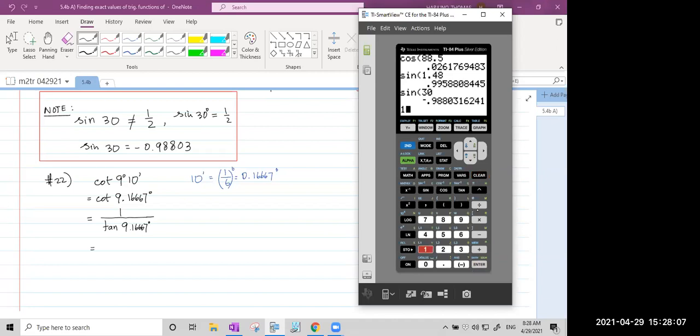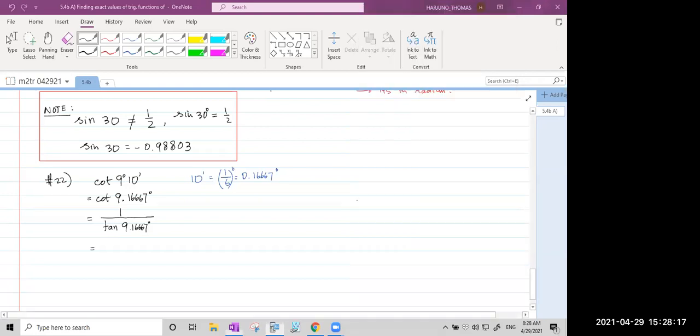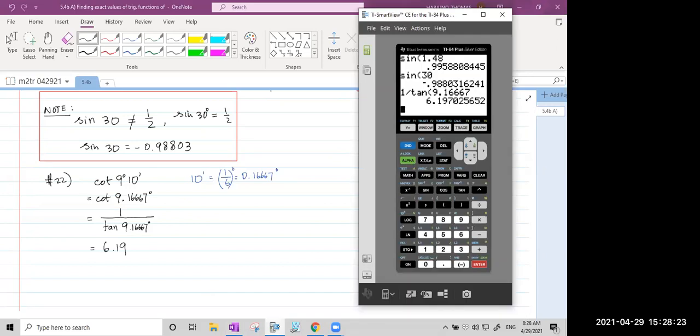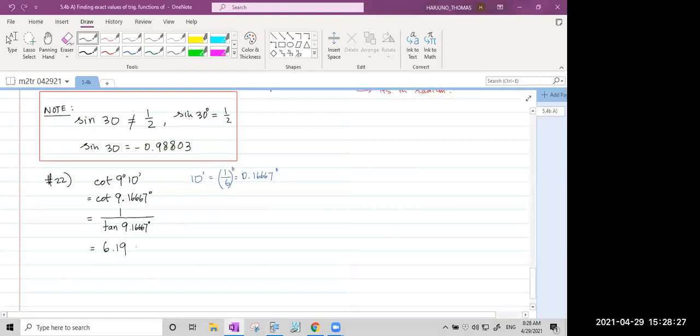That's 1/tangent of 9.16667, which is 6.19703. That's 22A.